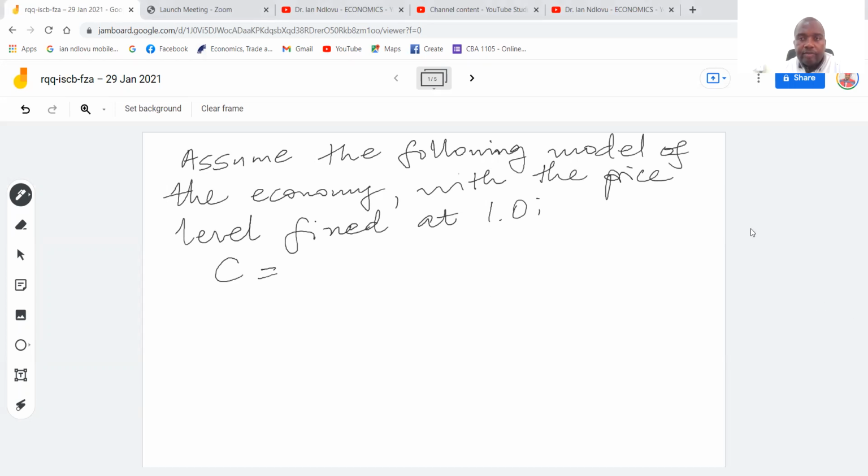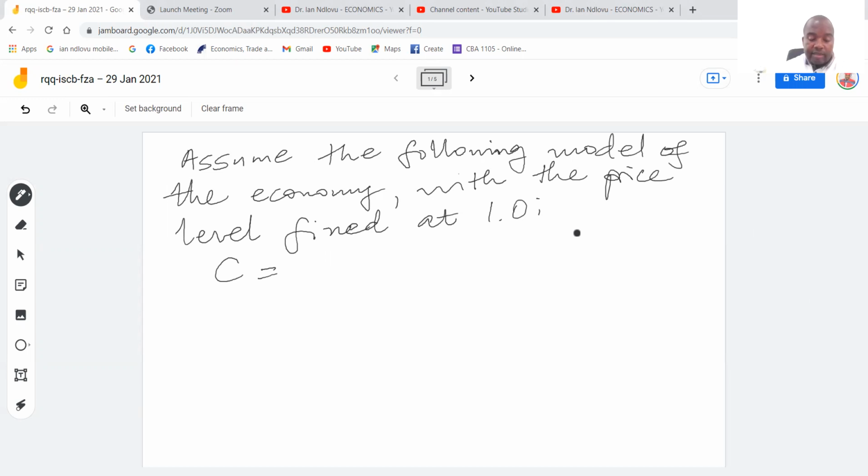We assume the following model of the economy with the price level fixed at 1.0 to simplify our analysis.